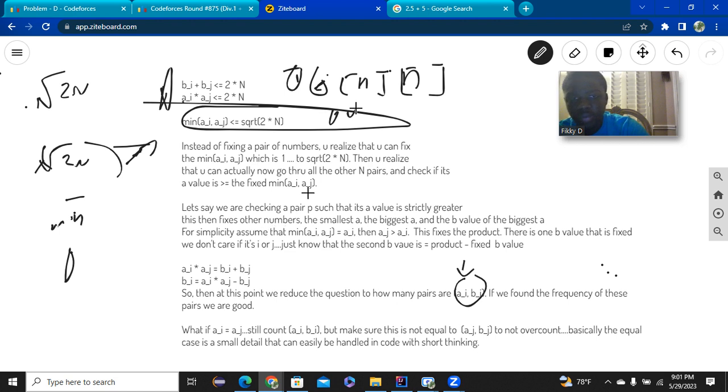It's a little weird if it's equal, but generally if it's greater, you can just find the frequency of the thing, the min of that, and it works.